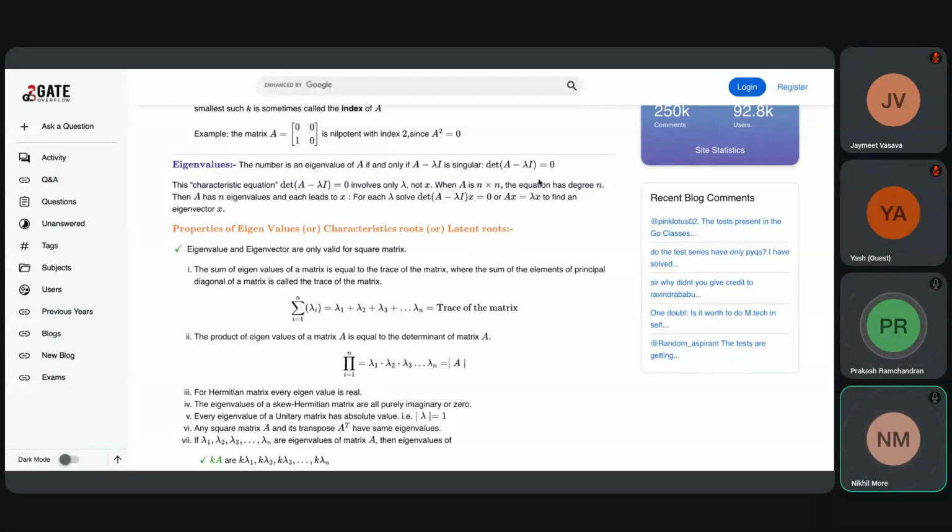So this is a very important property of eigenvalues. It is actually the defining parameter for an eigenvalue. They call it the characteristic equation.